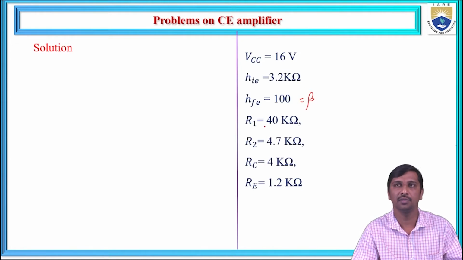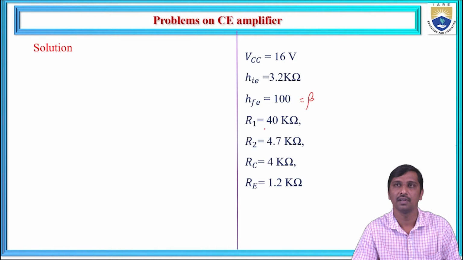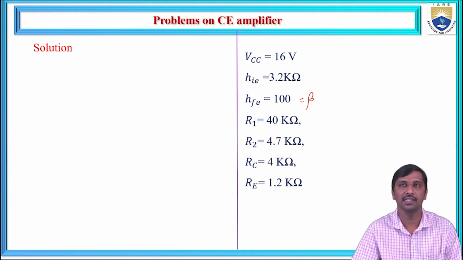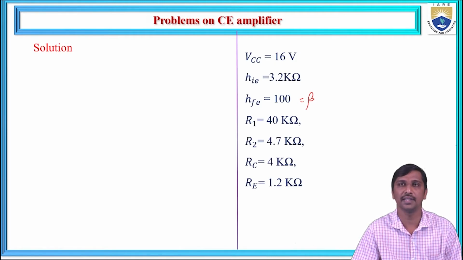Based on the voltage divider network, there are two resistances at the base side, R1 and R2. R1 is 40 kilo ohms and R2 is 4.7 kilo ohms. The collector resistance is 4 kilo ohms and the emitter resistance is 1 kilo ohm. Based on these, we need to calculate the input impedance, output impedance, voltage gain, and current gain.